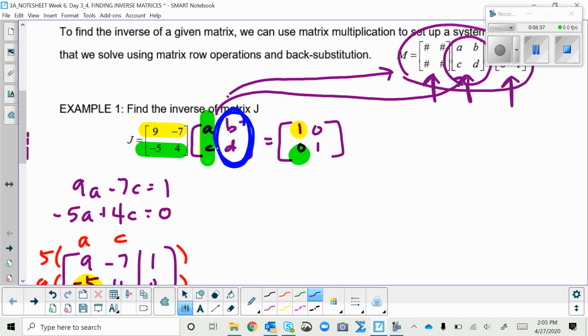I get my equations for my system by taking that second column and multiplying it by the first row. So the first positions are 9 and B, and you're multiplying those together. The second positions are -7 and D. That's row 1, column 2. Its answer is going to equal whatever is in row 1, column 2 in my identity matrix, which is 0.